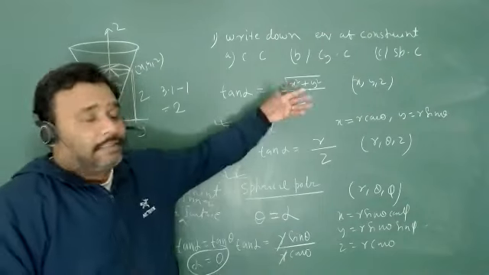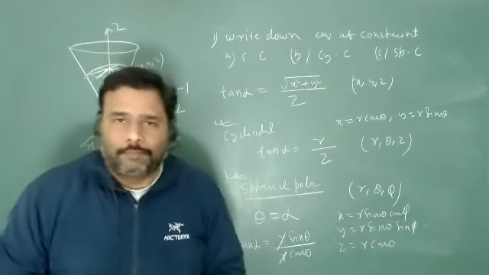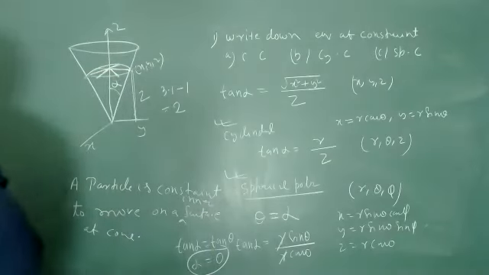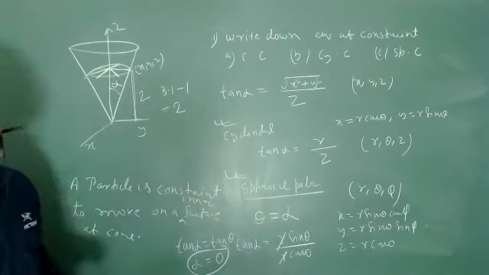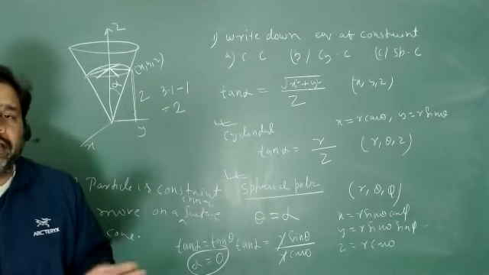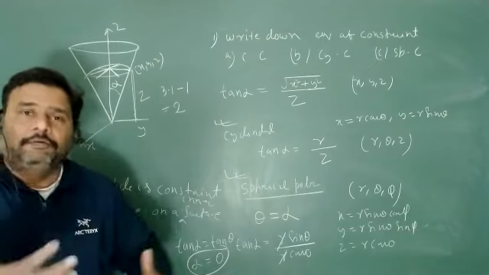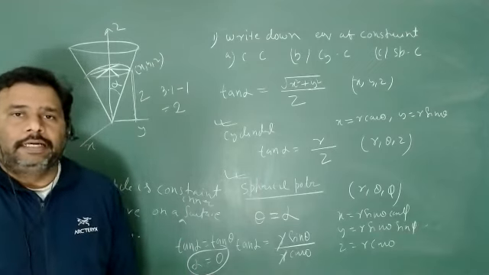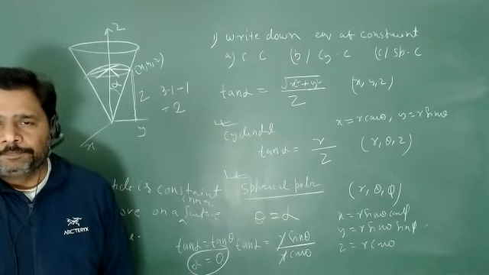But in this case, it will be very havoc to solve the problem. I think you have a little glimpse of why we need coordinate transformation. And you will see from the equation of constraint, we can identify which coordinate system we have to use in a very proper and nice way.